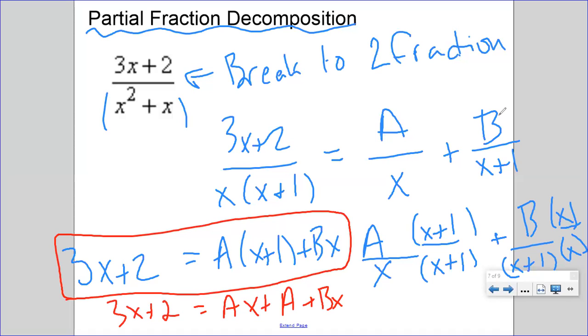So what does a have to equal? Well, a has to be 2, right? And then what's b have to be? 1.